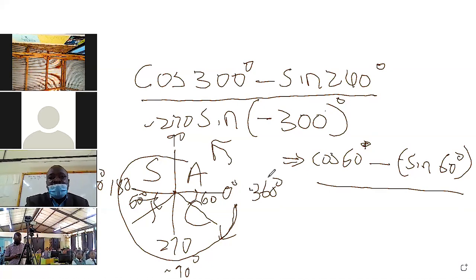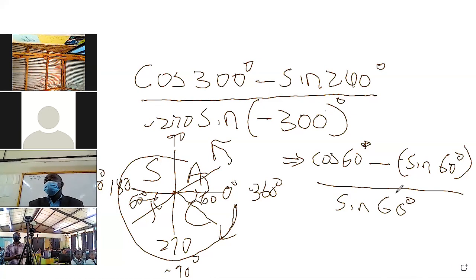So sine of negative 300 is the angle 60 degrees in the first quadrant, and in the first quadrant all the trigonometric ratios are positive. So it is sine of 60 degrees. All of these are 60 degrees.